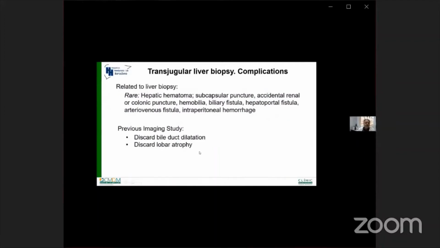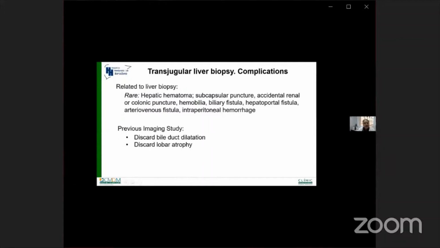Other complications are related to the fact that we are getting a sample of the liver. We can cause hepatic hematomas, subcapsular punctures, accidental renal or colonic punctures, hemobilia, biliary fistula, hepatoportal fistula, arteriovenous fistula, and intraperitoneal hemorrhage as a consequence of the subcapsular or capsular puncture and perforation of the liver.